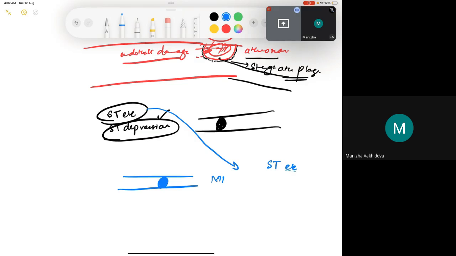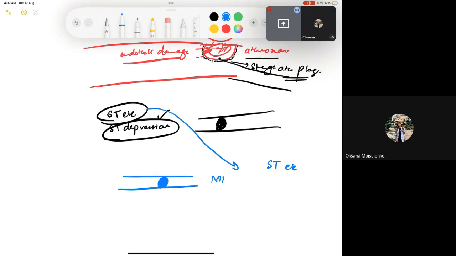What do you think, doctors? I think it's going to be depression because it's infarction. Dr. Natalia, full block? I think it's depression. Dr. Oksana, what do you think? Is it full block or partial block? Full block, definitely it's elevation.